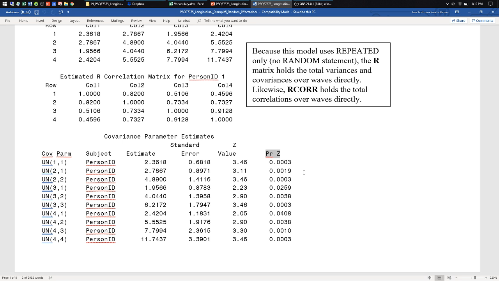Here's why. This is a Wald test. It's the idea that we can take the estimate of our variance, go 2 standard errors on either side, right? And we have some kind of normal sampling distribution that forms that z.